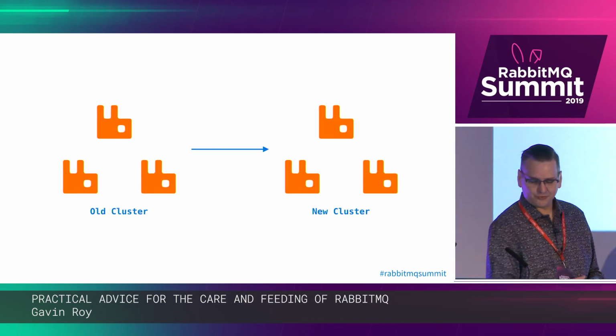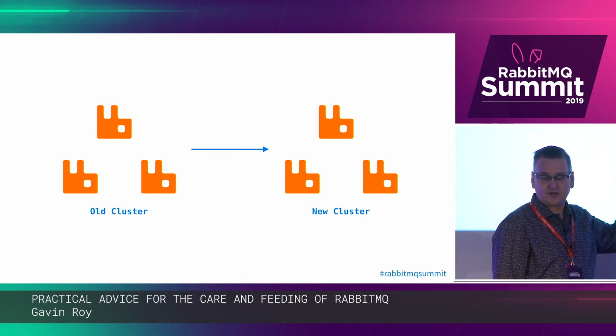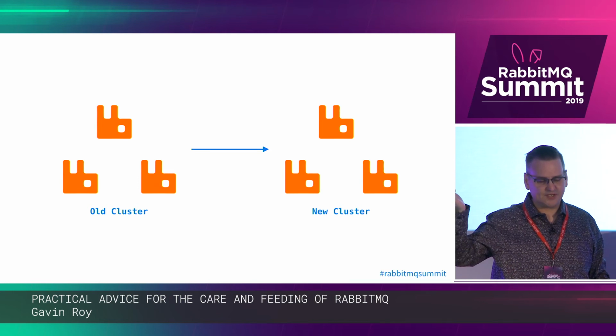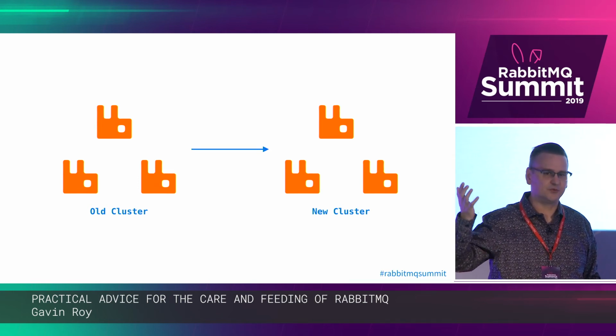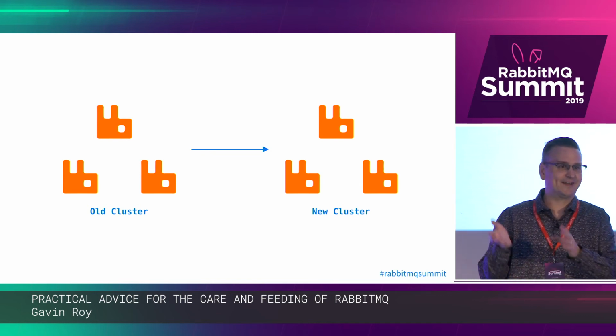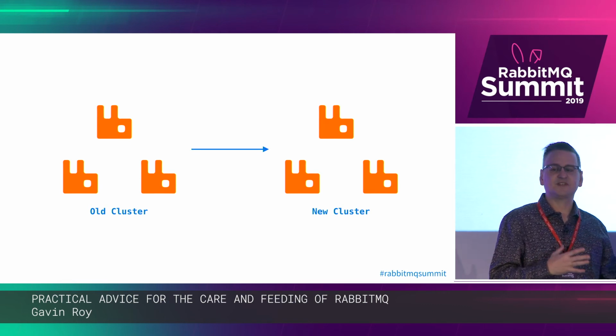We were going through a process of upgrading from an old RabbitMQ version, and when I say old, it was 2014, I want to say it was a version from 2010, maybe something like that. You know, set it up, forget about it, it's running in the environment, to whatever the current version was at the time.